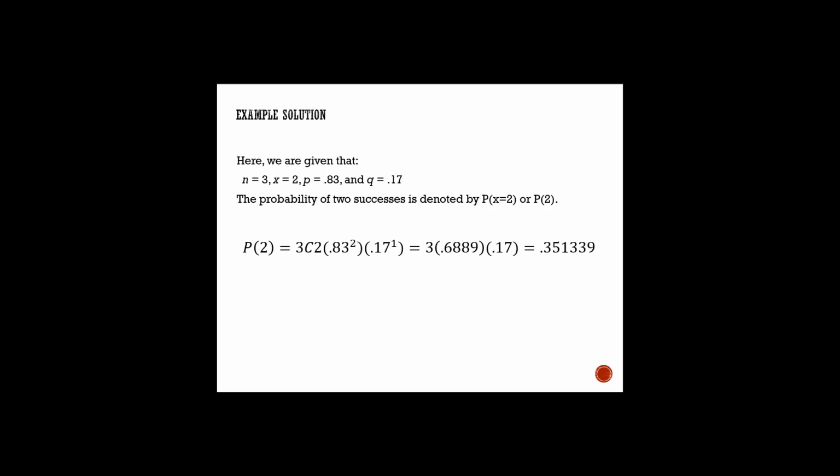The probability of 2 successes would therefore be written as P(2), and it would equal a combination of 3 things taken 2 at a time, times the probability of success, 0.83, raised to the power of x, which is 2, times the probability of a failure, which is 0.17, raised to the n minus x, well, that's 3 minus 2, or the power of 1. And when I finish that out, I come up with 0.351339. I'm not sure how many decimal places you would be asked to round it to, so you could round, though, easily to 4 decimal places.